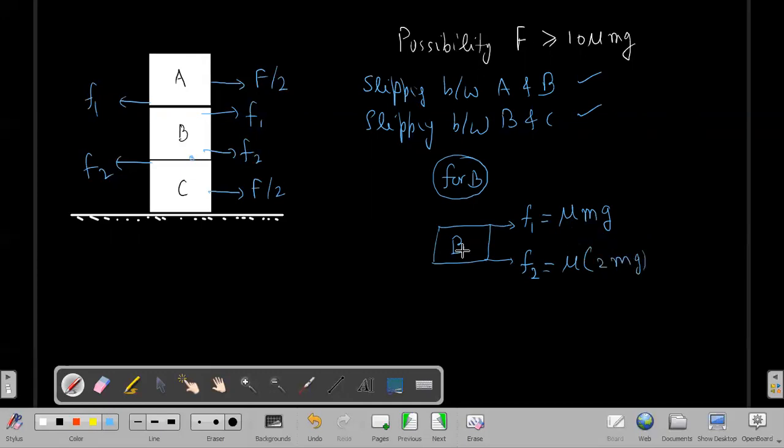So these two forces are present on the block B, whose mass is given as small m, and therefore acceleration of this block B now will be total force 3 mu mg divided by the mass m, and that means 3 mu g. So this is the acceleration of block B.